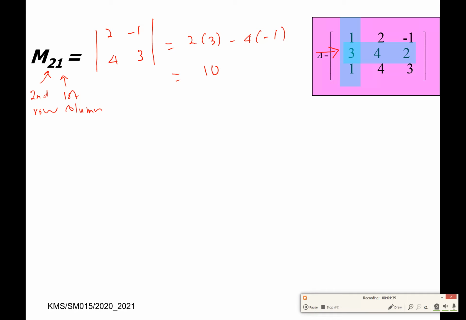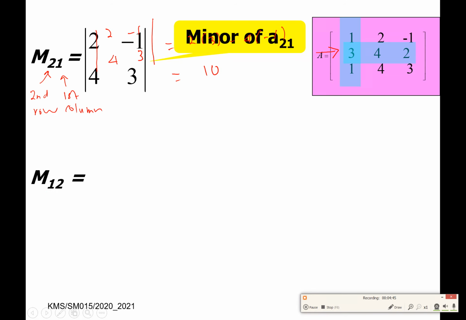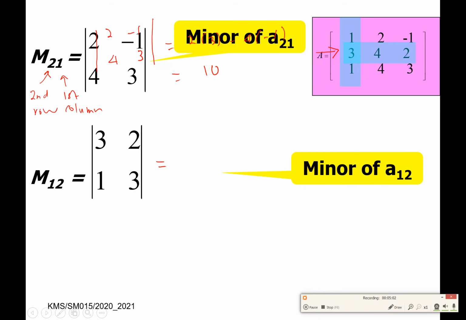Okay, and the second part: the minor of a12. Let's check for 1, 2. Minor of a12.